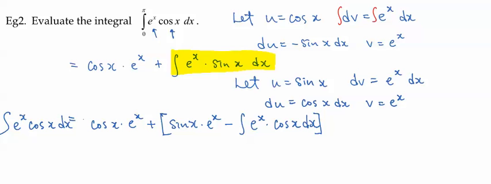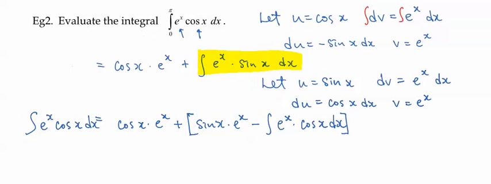Yeah, we can group the like terms together. Seeing how we are getting exactly the same thing here. When I bring it to the other side, group the like terms together, we will end up with 2 times the same integral.